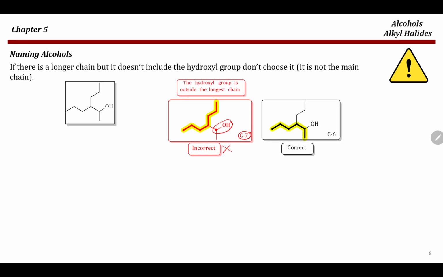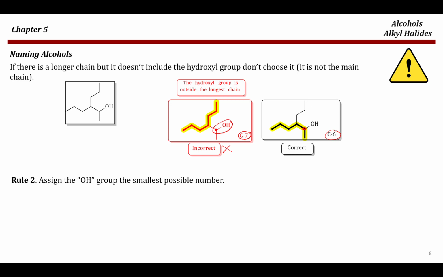The correct one will be this one. Although this one has 6 carbons, it has the OH group, and that's why this is the correct one. So we have to make sure to choose the longest chain, including the OH group, and that's why this compound will be a hexanol and not a heptanol.